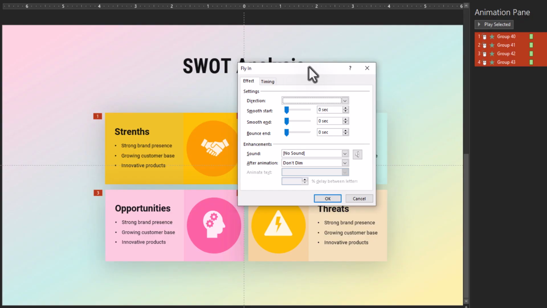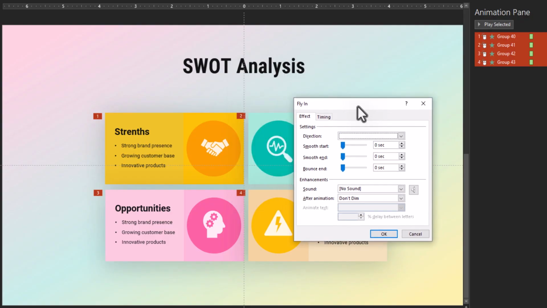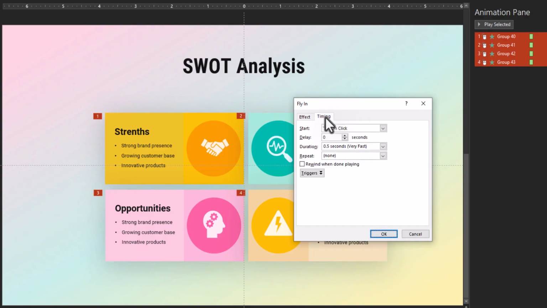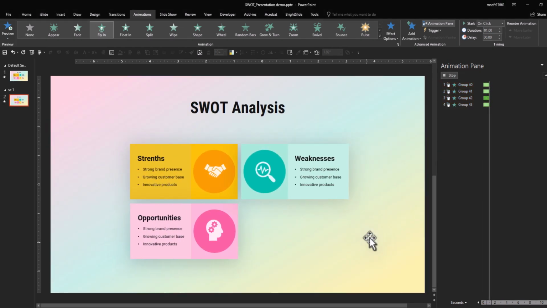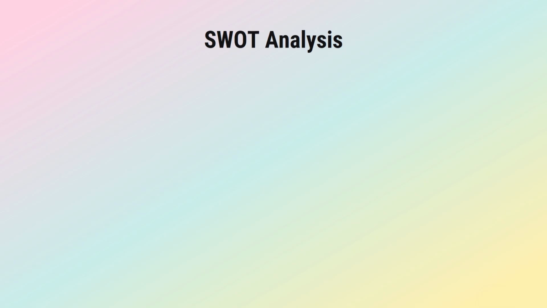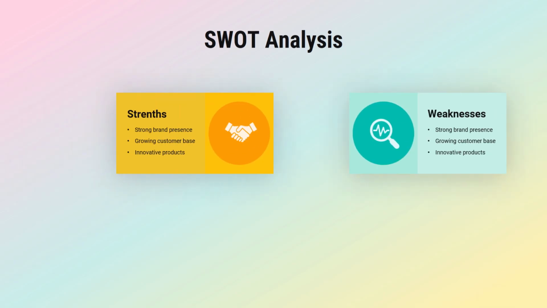We'll add some Smooth End and Smooth Start by moving the sliders. I'm also going to increase the animation's duration to 1 second. Now, let's check it out. You can see the animations are much smoother now.